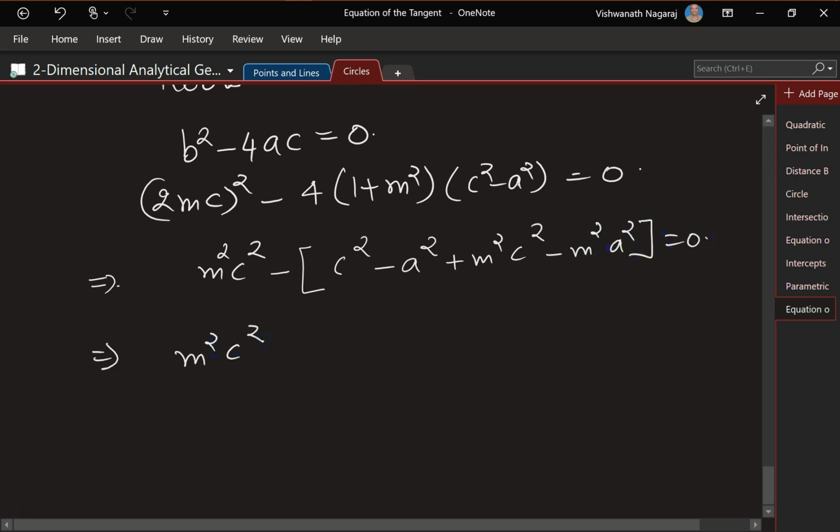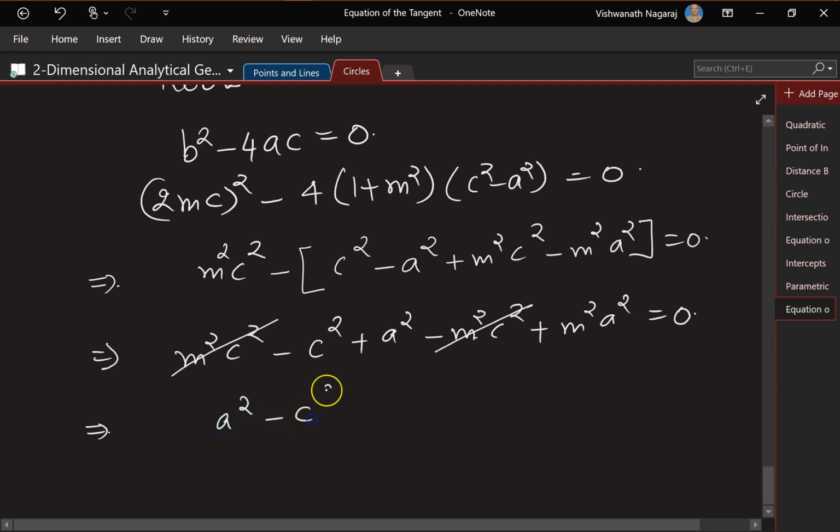M square c square minus c square plus a square minus m square c square plus m square a square equal to 0. Now this and this get cancelled, and we are left with a square minus c square plus m square a square equal to 0. Now here let's take the negative to the other side. A square is common. 1 plus m square equal to c square.